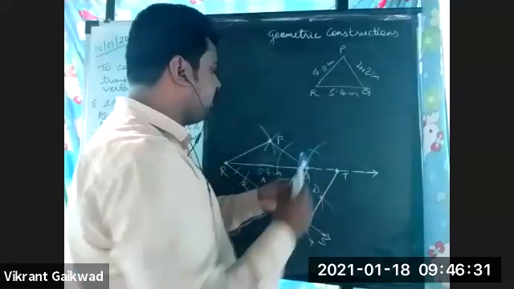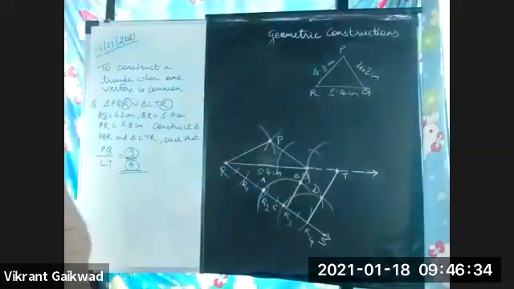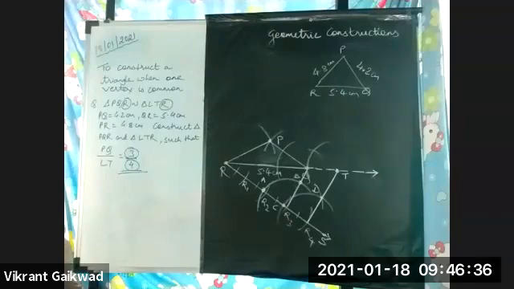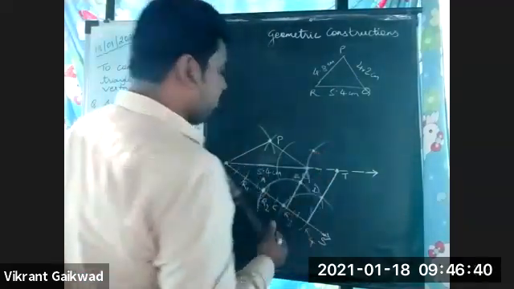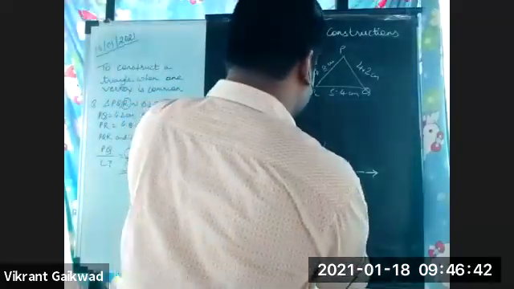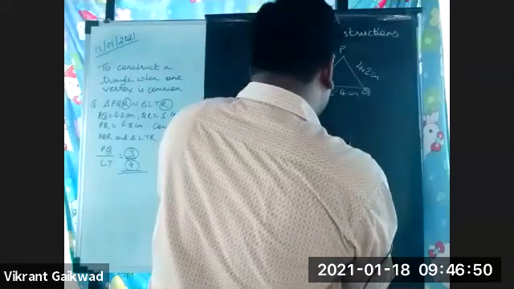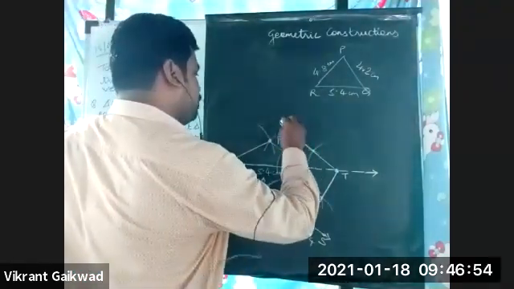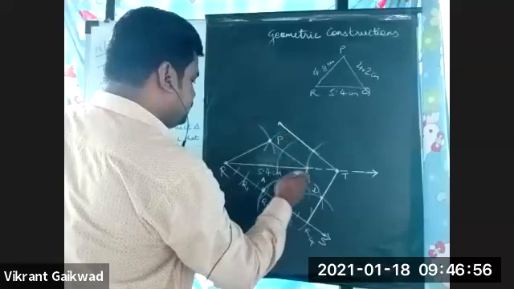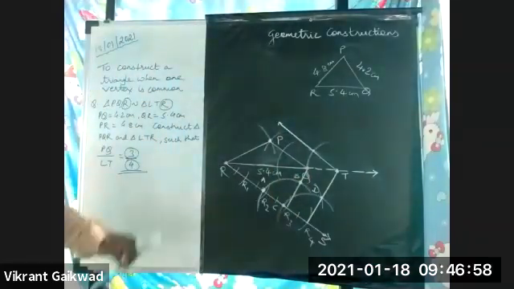Okay, and you'll just construct it. So you've got the point of intersection of the two arcs. Join that with T. You can extend the line. Okay. So this is the copy of PQR.